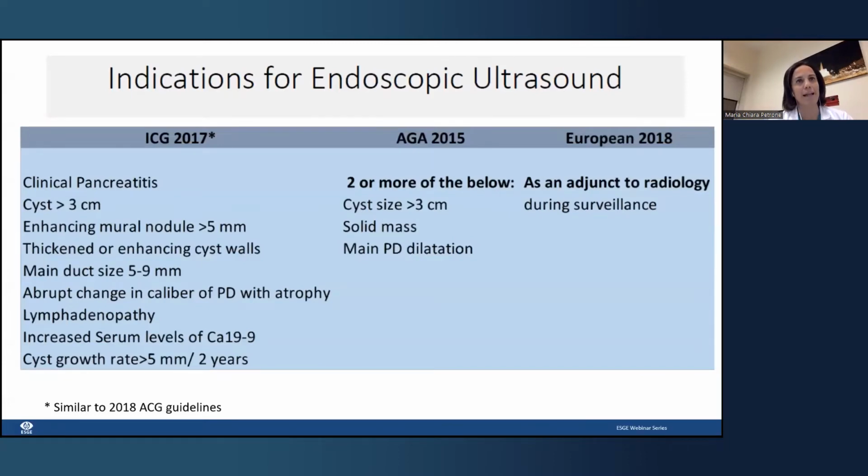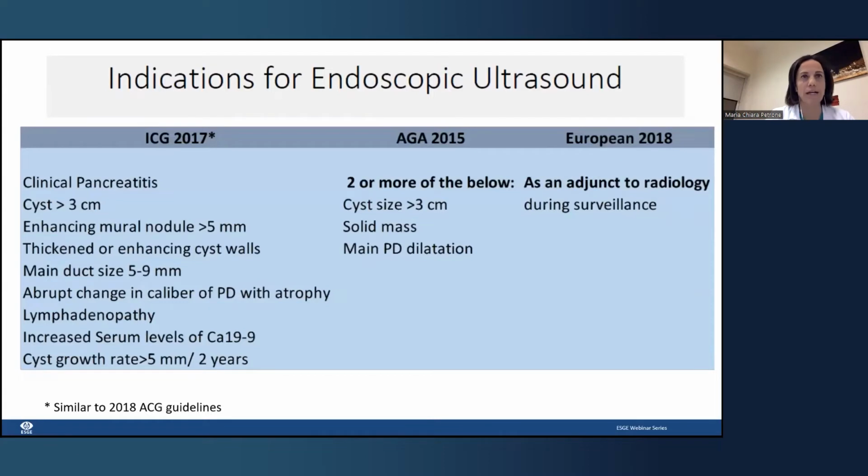So 3 main guidelines on the management of pancreatic cystic lesions exist: the guidelines of the International Association of Pancreatology, the American Gastroenterological Association guidelines, and the European evidence-based guidelines. These guidelines tend to be consistent regarding the indication for surgery, while they diverge about the indication for surveillance and also on whom to select for endoscopic ultrasound.